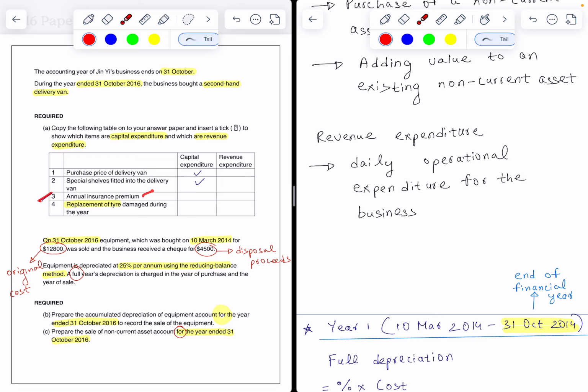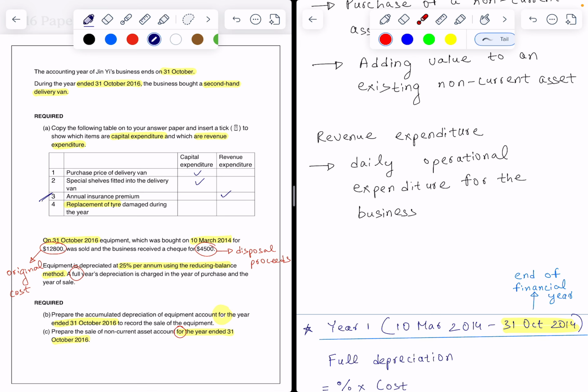So annual insurance premium basically refers to insurance expense, which is again part of the daily operational expenditure of the business. Therefore, this also falls within the category of a revenue expenditure. Again, when we are paying for insurance premium, we are not buying any non-current asset, nor are we adding value to an existing non-current asset. Therefore, we can confidently say that annual insurance premium is a revenue expenditure.